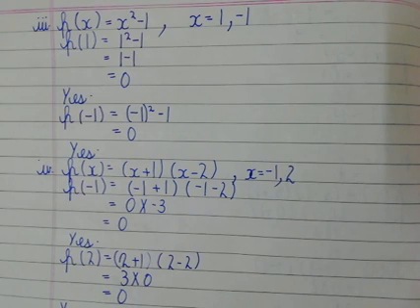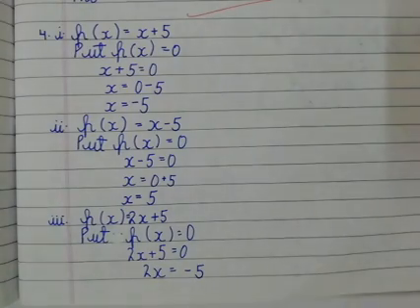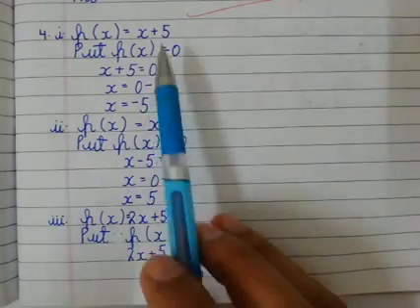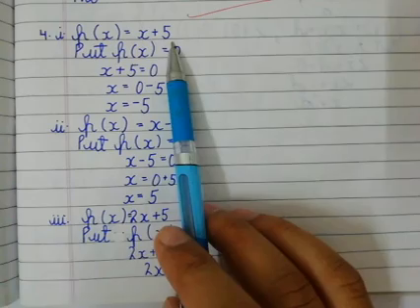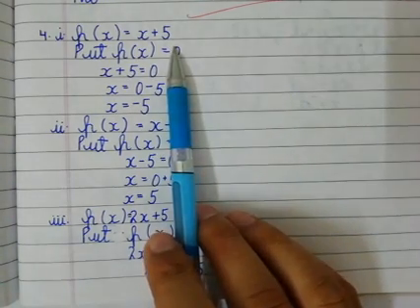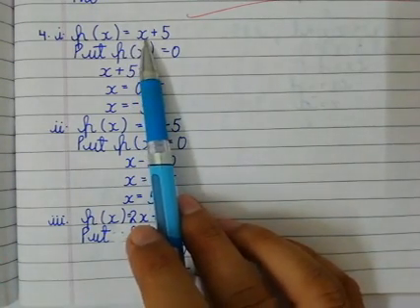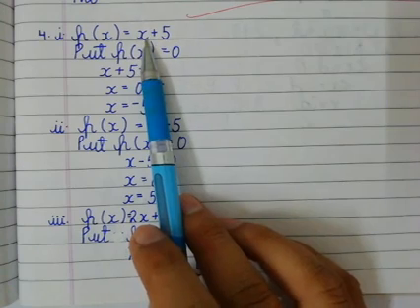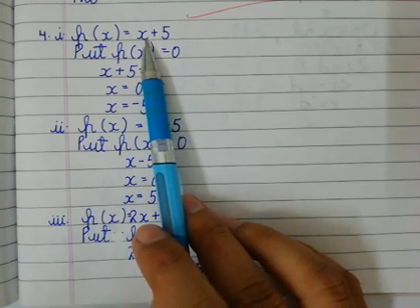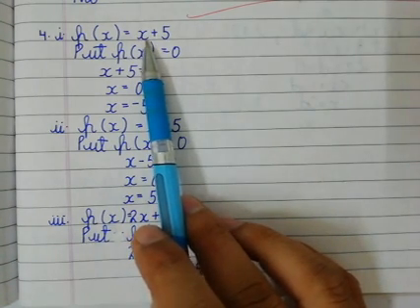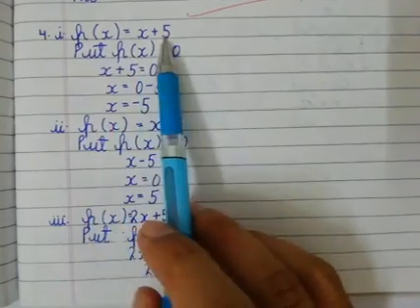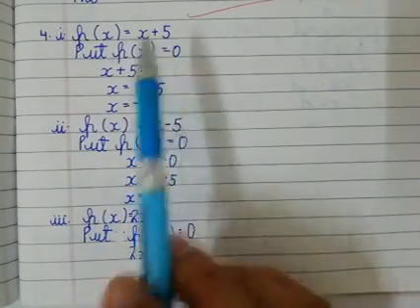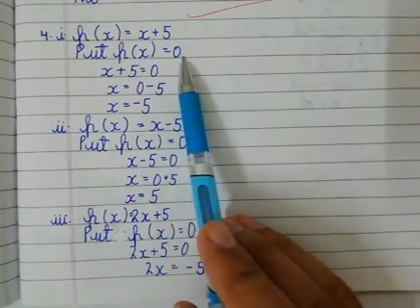Now I am going to start question number 4. In question number 4 we have to find the zero of the given polynomial. Zero means the solution of the polynomial, means the value of x if x is there, value of y if y is there in the polynomial. To find the zero of the polynomial, we put the polynomial equal to 0.